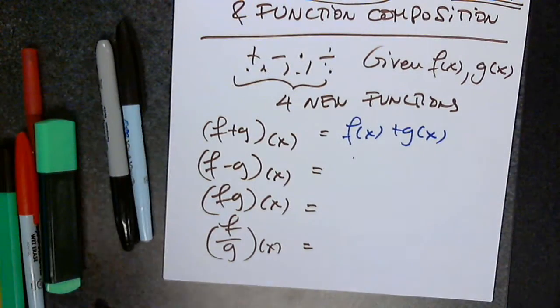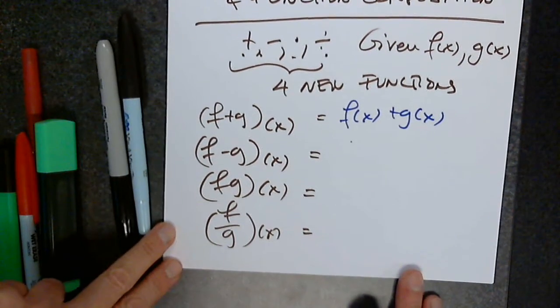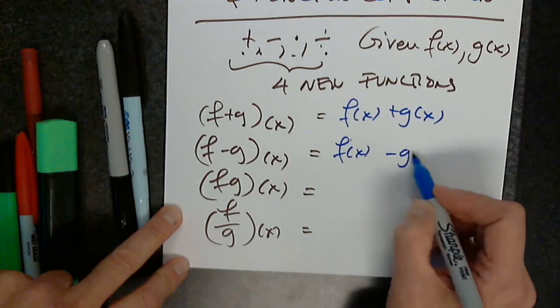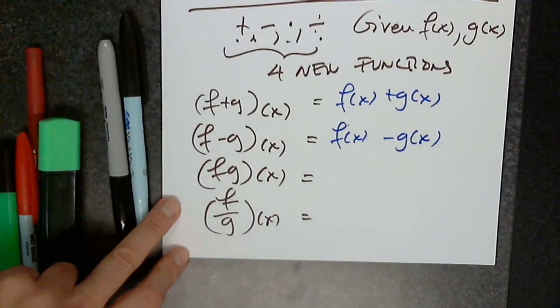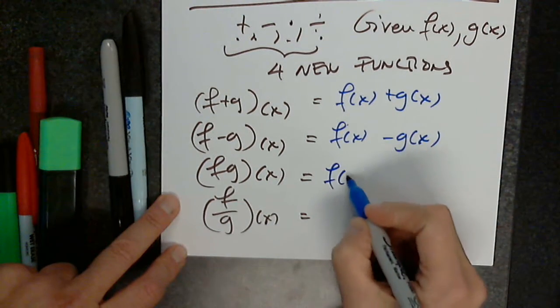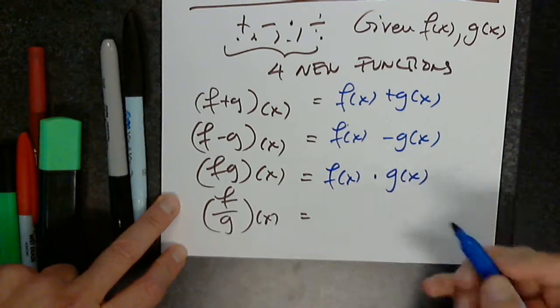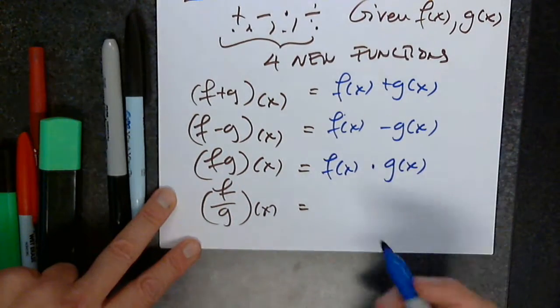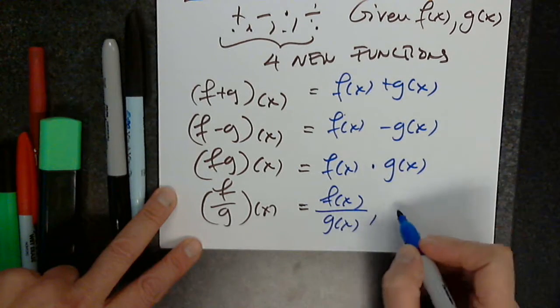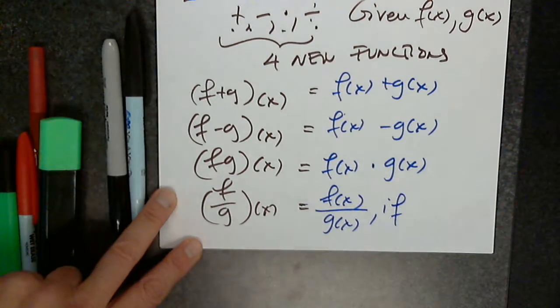Now, when we're asked to find f minus g of x, what do you think will that equal to? Perfect. Thank you. When we are asked to find fg of x, what will you say? Excellent. And finally, you will say? Correct. Perfect. However, this is the one that has an if.